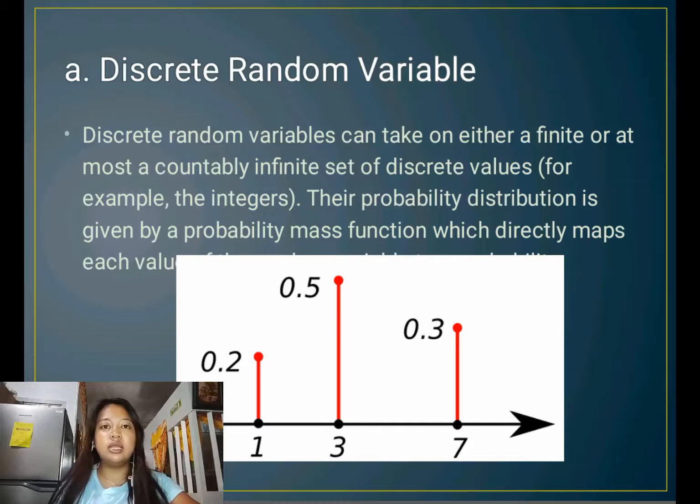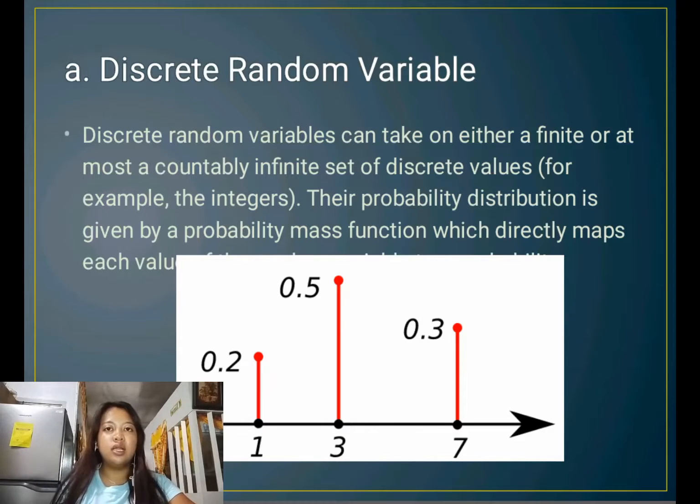This shows the probability mass function of a discrete probability distribution. The probabilities of the singletons 1, 3, and 7 are respectively 0.2, 0.5, and 0.3. A set not containing any of these points has a probability of 0. So we can call that a discrete random variable.